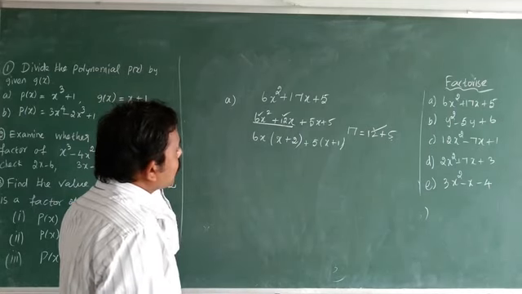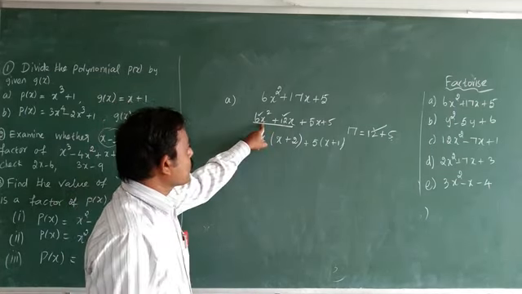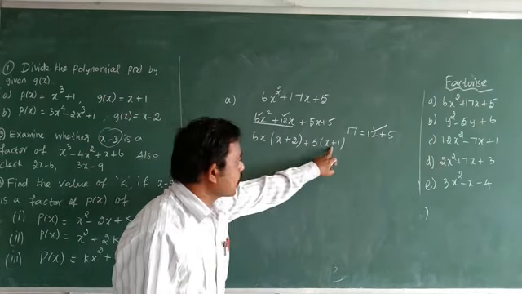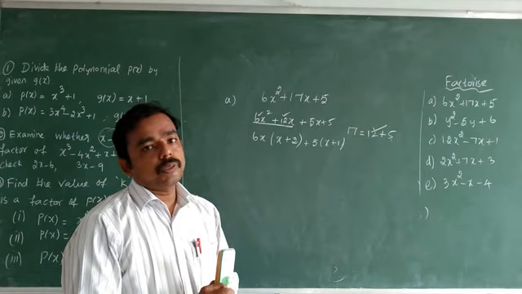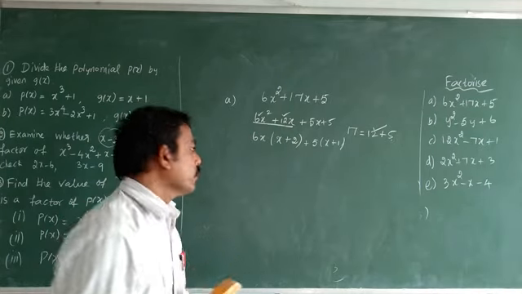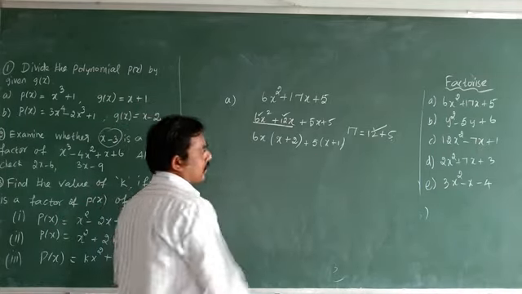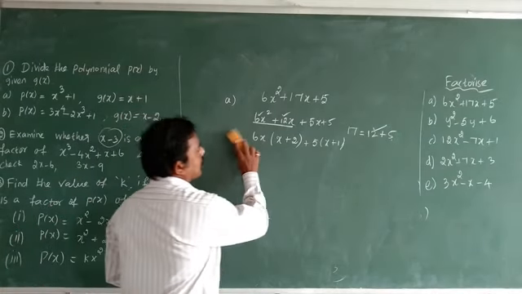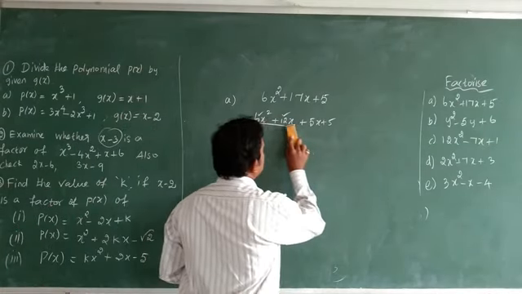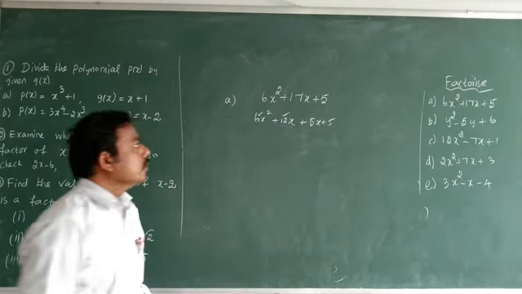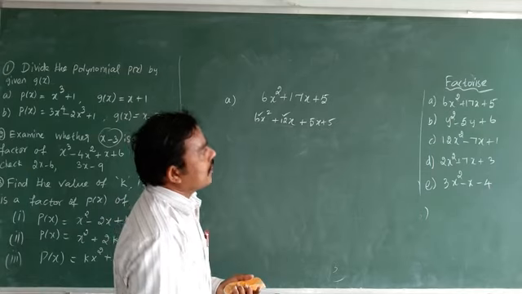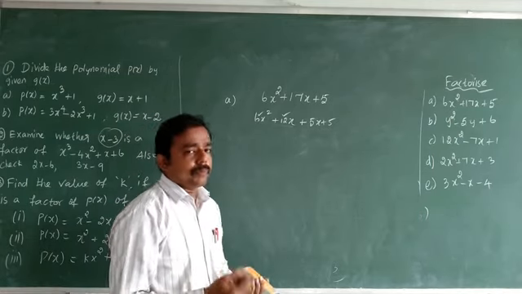Now think about 6x squared. 6x we wrote here, x plus 2, and x plus 1. Not possible, because next we need to take a common factor. Next we need to think about these numbers. How is it possible? For 17, we need to write other possibilities.